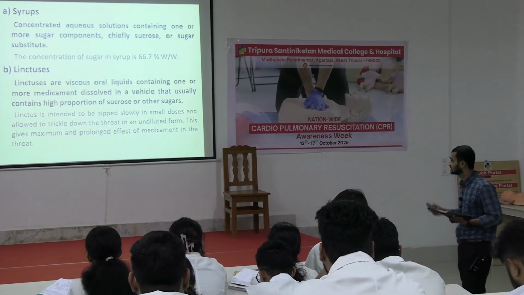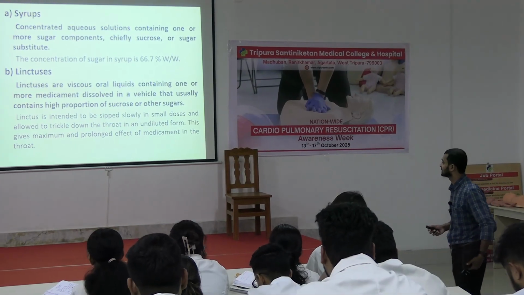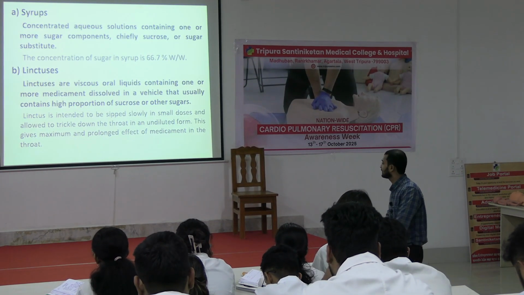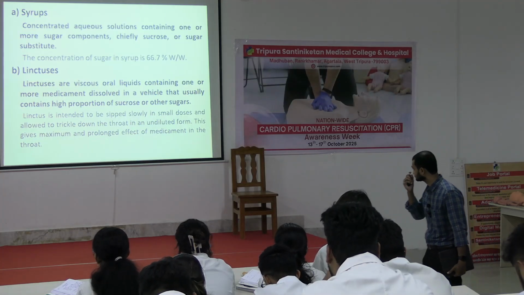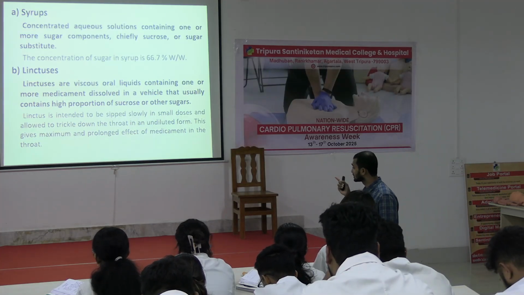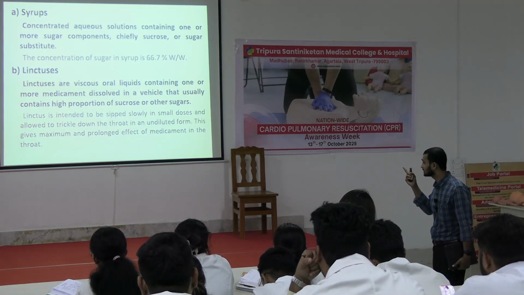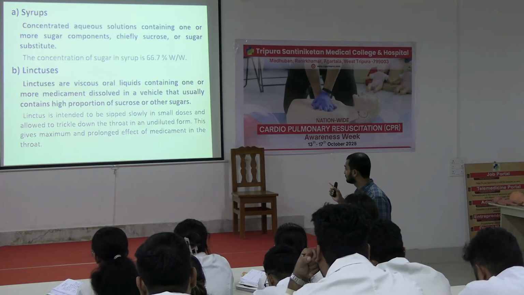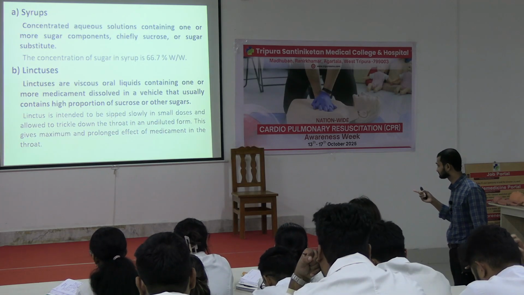Linctuses are viscous oral liquids containing one or more medicaments in solution in a vehicle that usually contains a high proportion of sucrose or other sugars. So the sugar composition in linctuses is much more than that of the syrup, more than 66.7%, and it will be more viscous than the syrup.